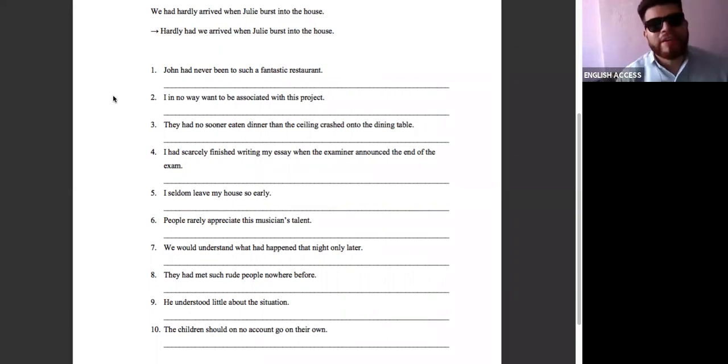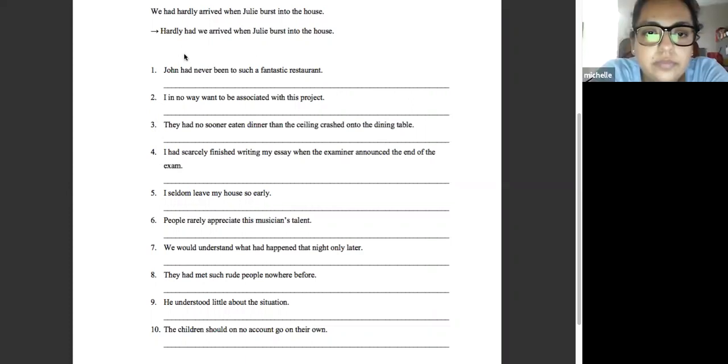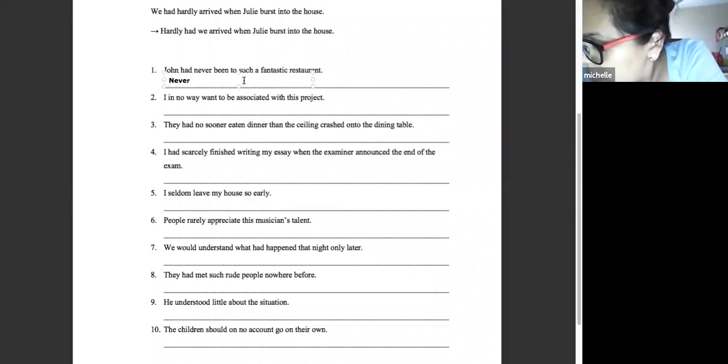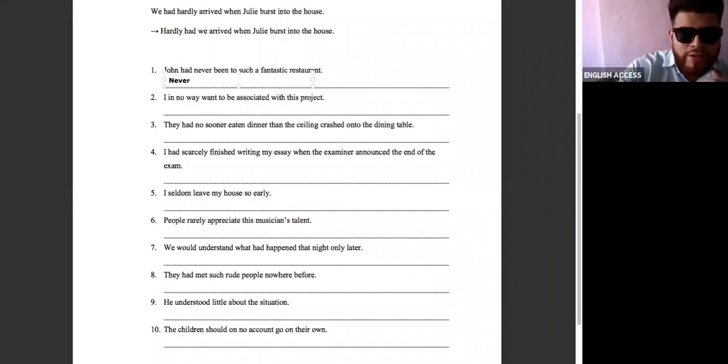John had never been to such a fantastic restaurant. Well, what is the adverb here? Never. Adverb, yeah. So remember, we begin with the adverb. Never. If I write this small, can you see? Yes. Okay, so what comes after the adverb?